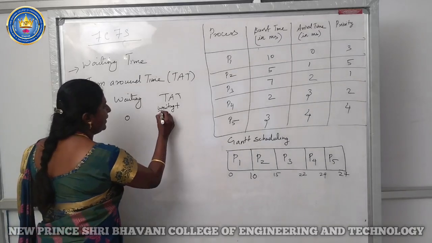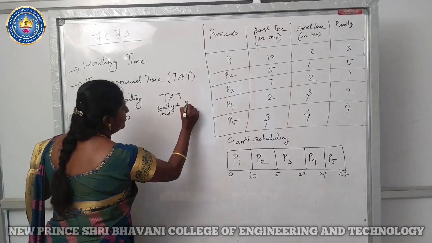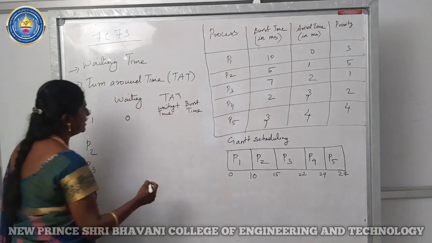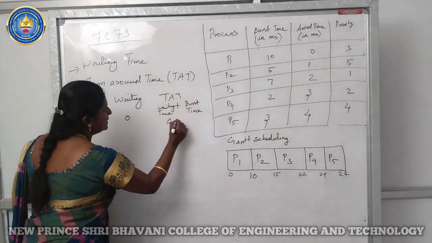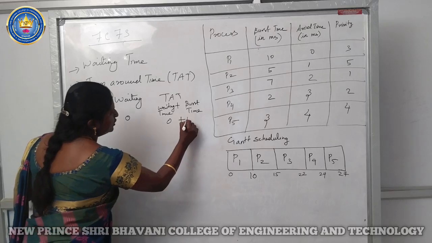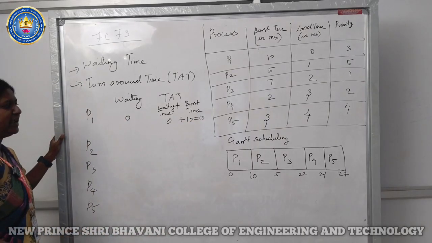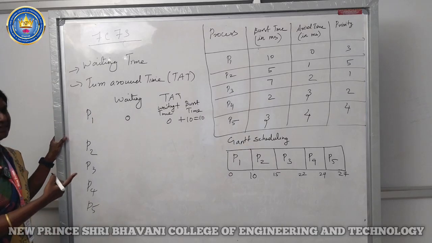Here we add the waiting time and the burst time. So the turnaround time for P1 is 0 plus 10, which is 10.